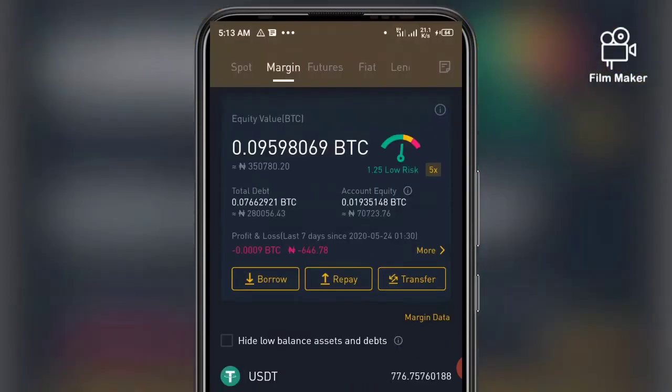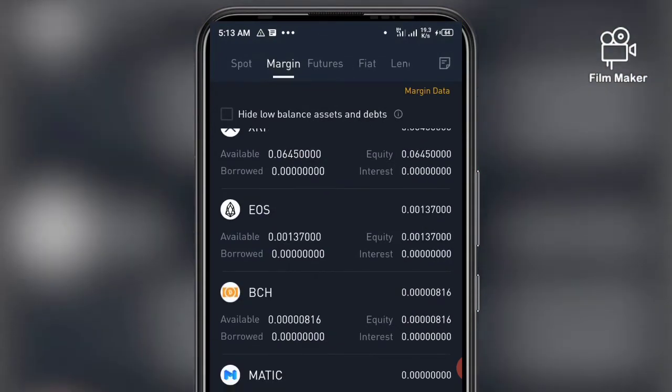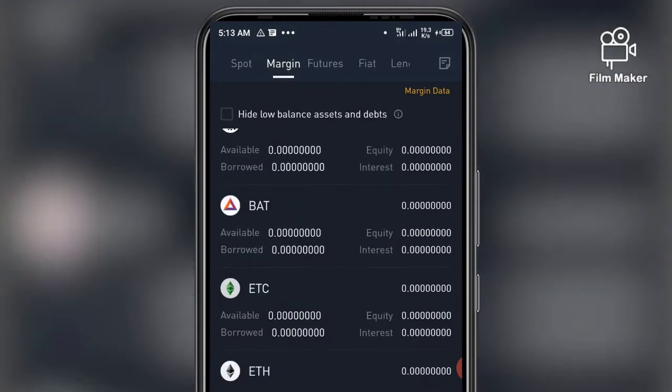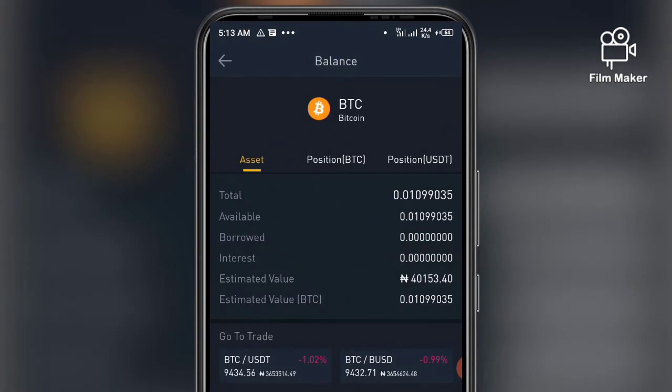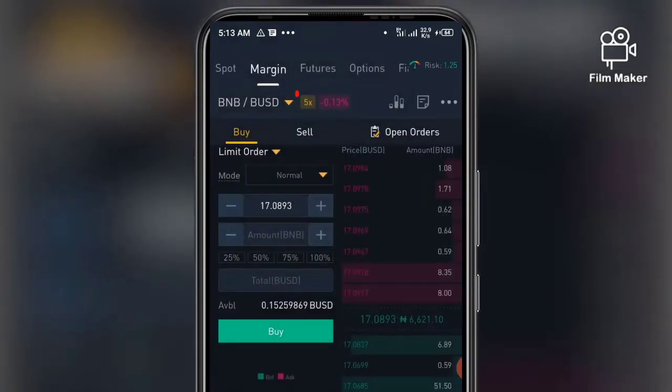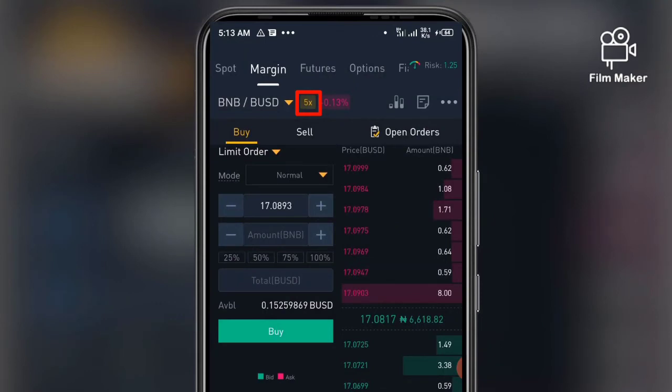But it's not all cryptocurrency that you can do margin trading on. There are some selected few, and the best way to know them is they are the ones that have 5x in front of them. You see this 5x button.